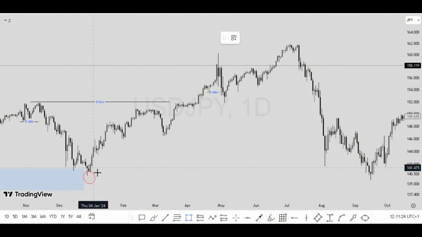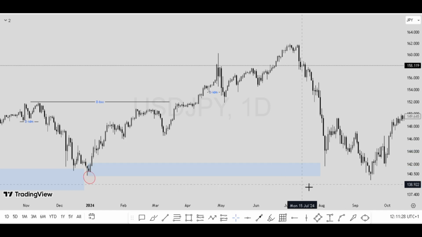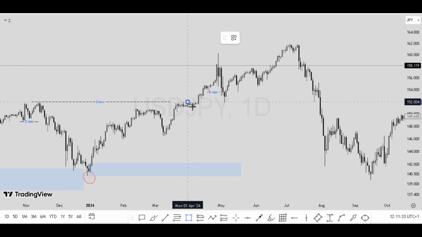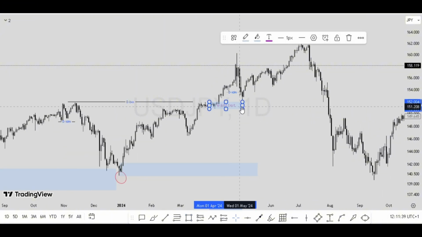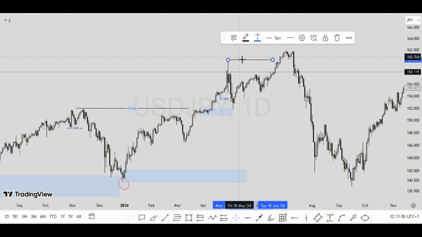We need to look for our extreme POI, and we need to look for our decisional POI, which is low probability, which is the pullback. The POI below your inducement is the first one, and the second one is the extreme. And you see how nicely the market reacted from this angle, from this decisional POI, and did what?